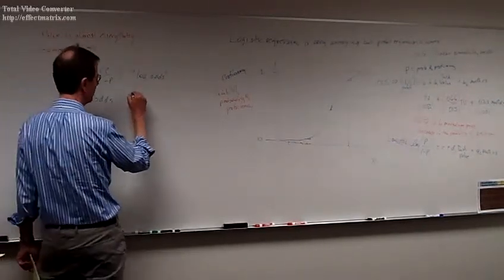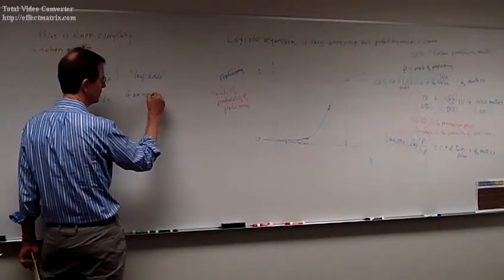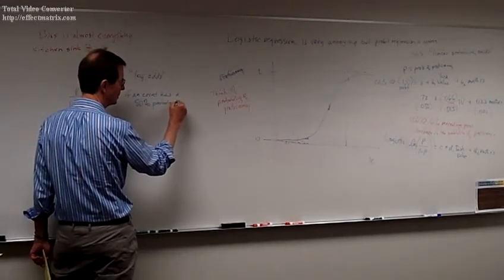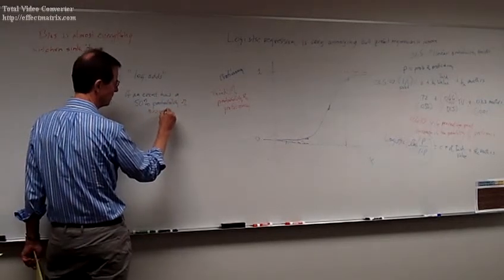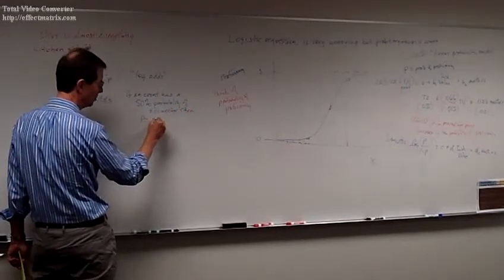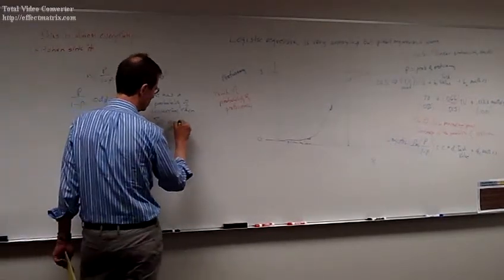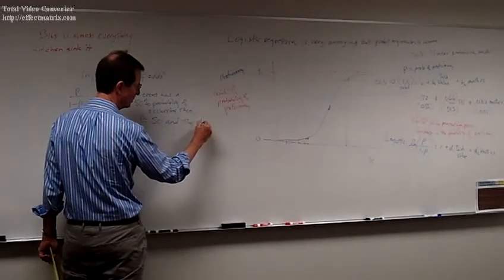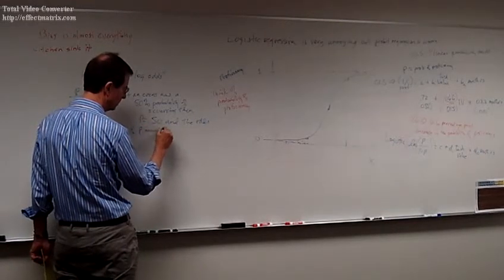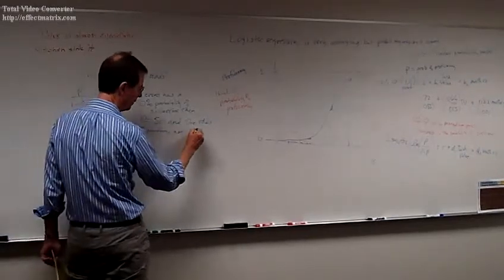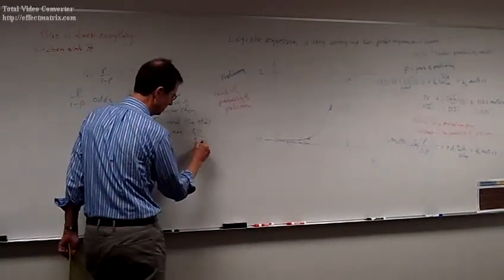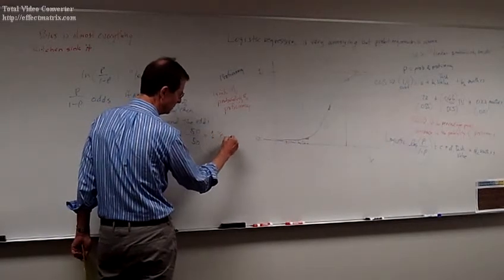So if an event has a 50% probability of occurring, then P equals 0.50, and the odds of P occurring are 0.50 divided by 1 minus 0.50, which is just 1. Even odds.